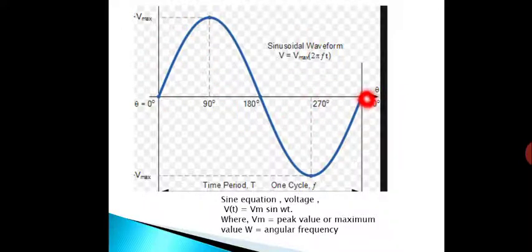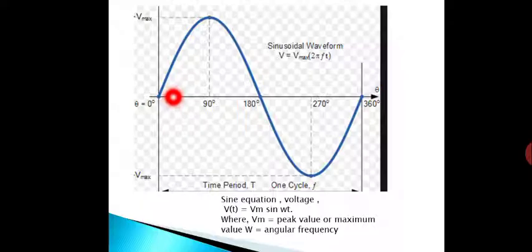If you have fifth order harmonics, the same waveform will repeat 5 times. The time frame will not change, but the time period of a single cycle will change.